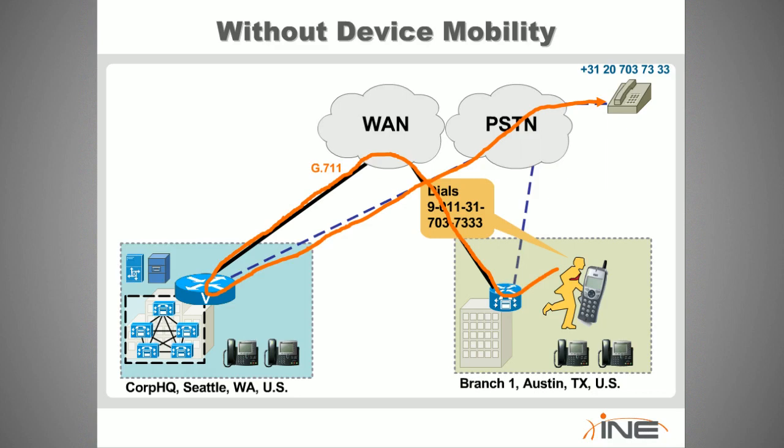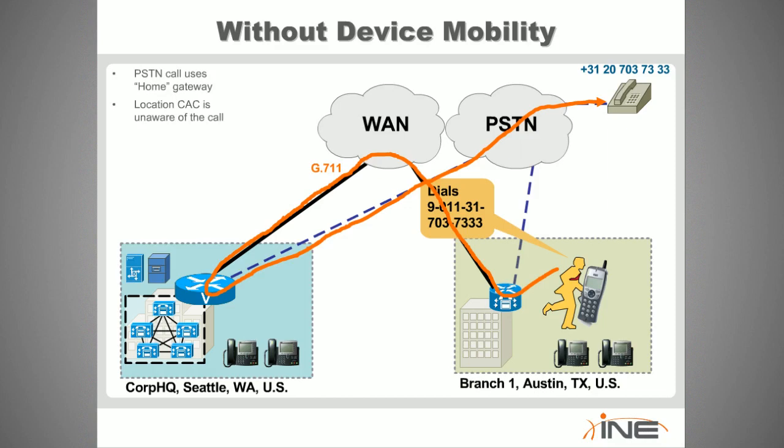So his call goes across the WAN. G711 uses a lot more bandwidth than WAN calls are traditionally expected to use, and goes out the corporate headquarter gateway, while he could have just sent the call directly out his branch 1 gateway where he's now visiting. So without device mobility, the PSTN call uses the home gateway.